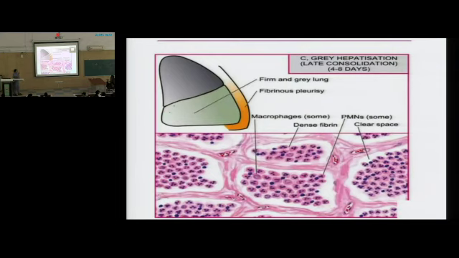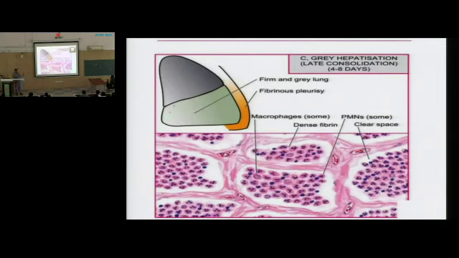So in the grey hepatization stage there will be appearance of macrophages, right? So what will they do? They will engulf whatever material was there. Pus-like material will be there due to destruction of the polymorphs, so the macrophages will try to eat up and clear the air spaces, right? So these alveolar macrophages will phagocytose.